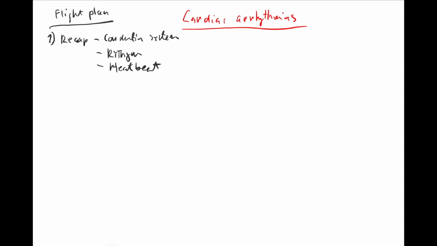Then we're going to go through, and this is more like a physiological, anatomical kind of division, the pathologies of the impulse initiation. Okay, so let's say initiation pathologies, of the depolarization. And we're going to go through different groups.